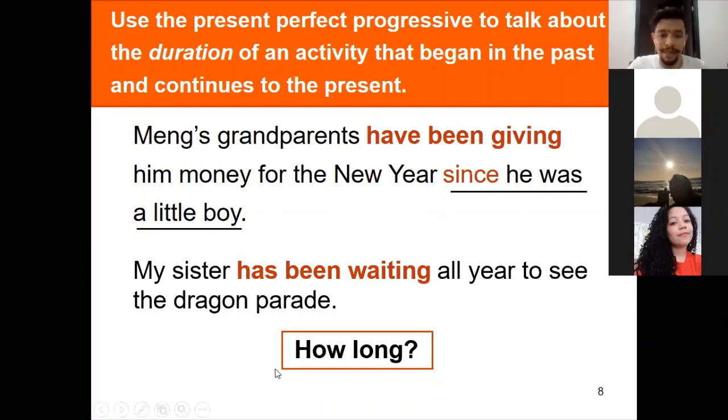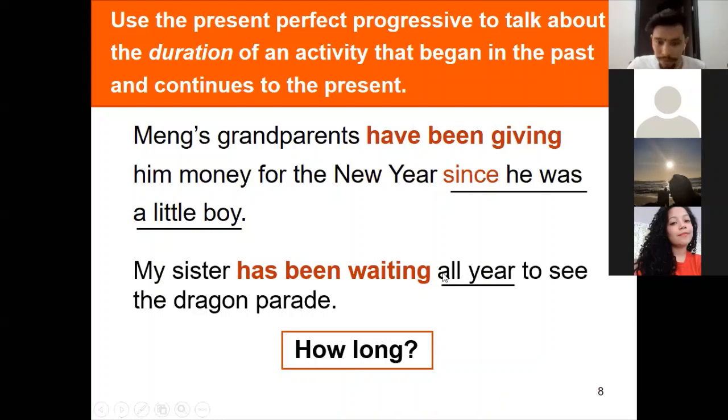And can you give me the question using how long with this sentence? How long has my sister been waiting to see the Dragon Parade? Very good, right? Great. So if the answer is, well, she has been waiting all year.